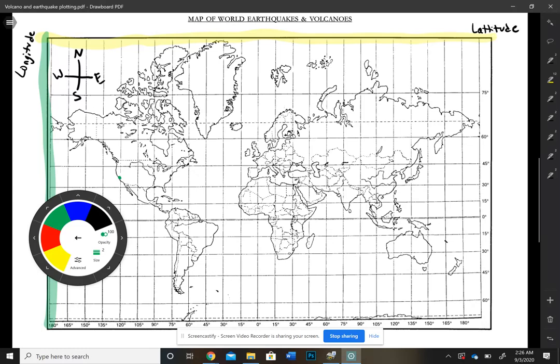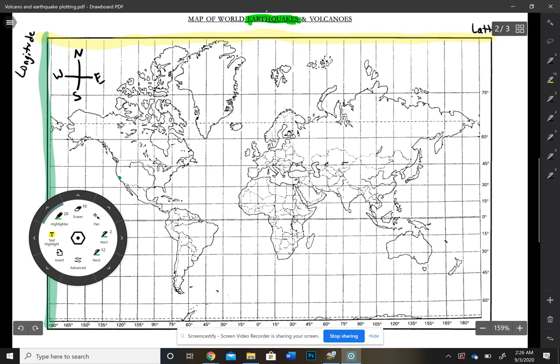Still on green because we're still on earthquakes. Which reminds me, I should label on this screen, earthquakes are green and volcanoes are red, so that way I don't need the other paper to tell me.